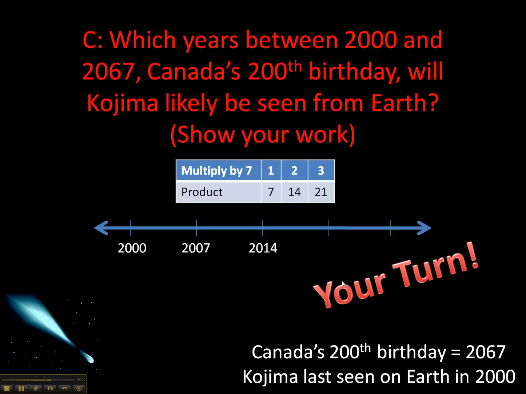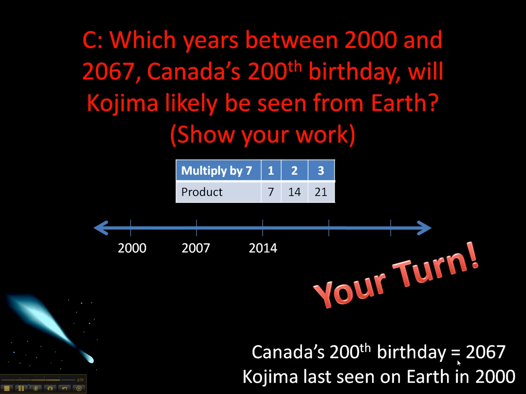So even if you don't get the right answer in the end, you might have made a small mistake of addition or subtraction or multiplication along the way. If you end up with an answer that's close and your work shows that you were off in the right direction, at least at the very beginning, I can give you partial marks. Keep that in mind. It could help you a lot on a test in the future. So use Leah's number line or use Ola's table, whichever you like the most. Get a piece of paper and a pencil and go ahead and finish it off until the year 2067.